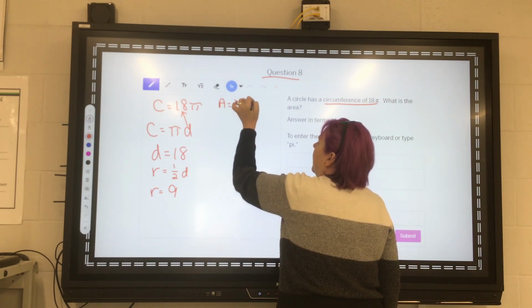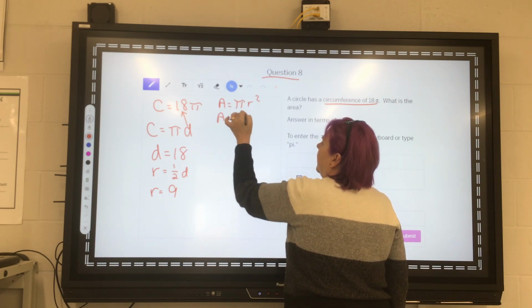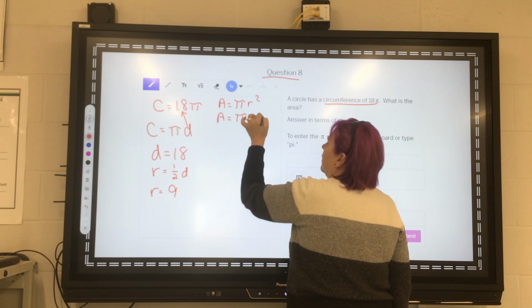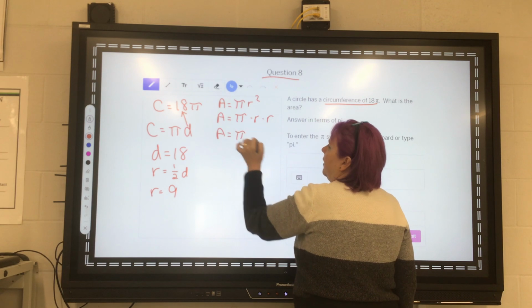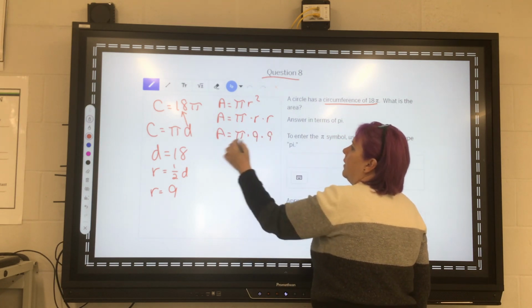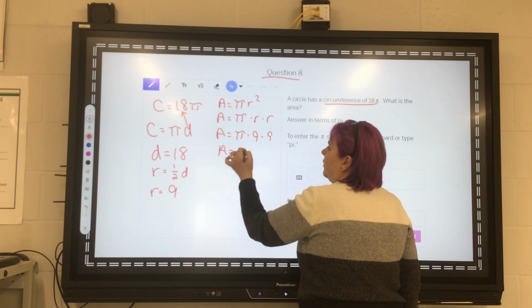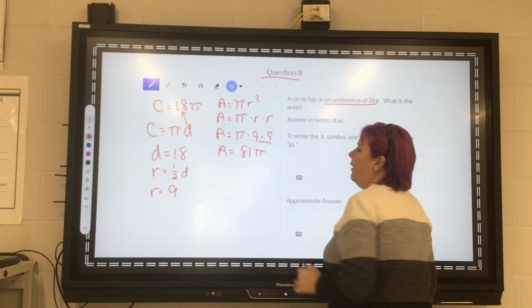A equals pi r squared. A equals pi times r times r. A equals pi times 9 times 9, which is A equals 81 times pi.